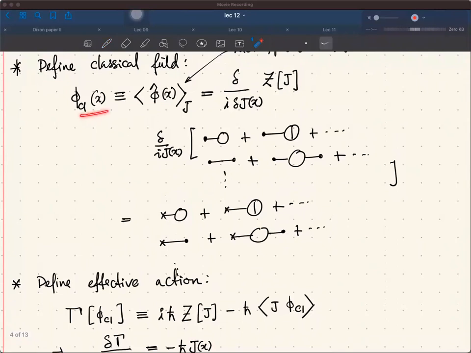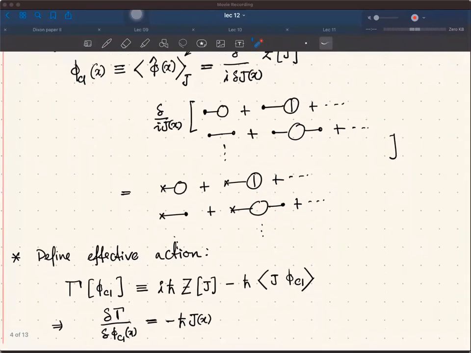According to the definition of phi CL, this is a transformation that relates phi CL and J. This whole expansion has more terms, higher order in J. So this is the 0th level, this is the first order, and then you have second order, third order, and so on. So that's a relation between phi CL and J.